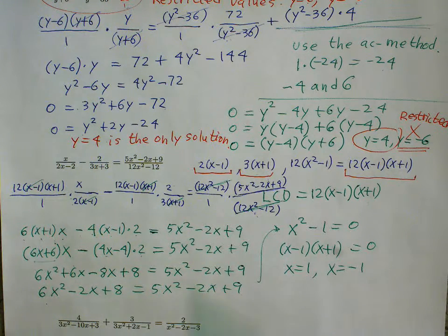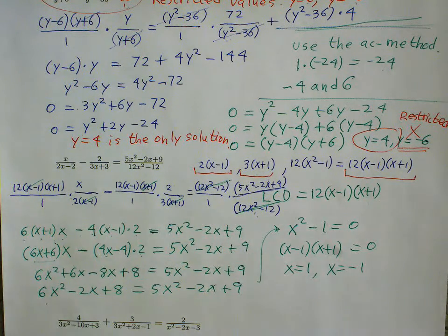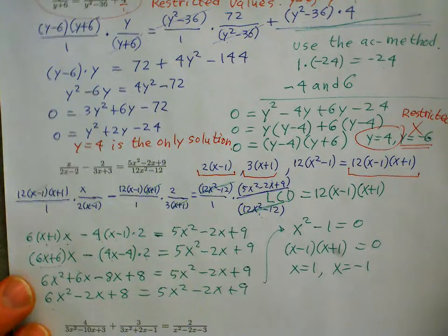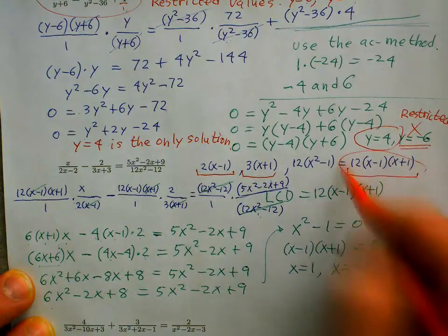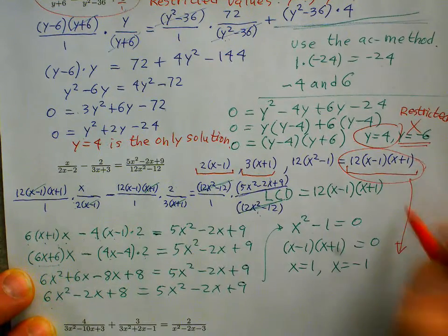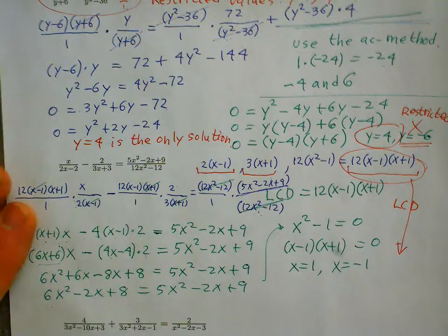Okay, but both of those numbers are restricted values. So here's our least common denominator, 12 times x minus 1 times x plus 1.